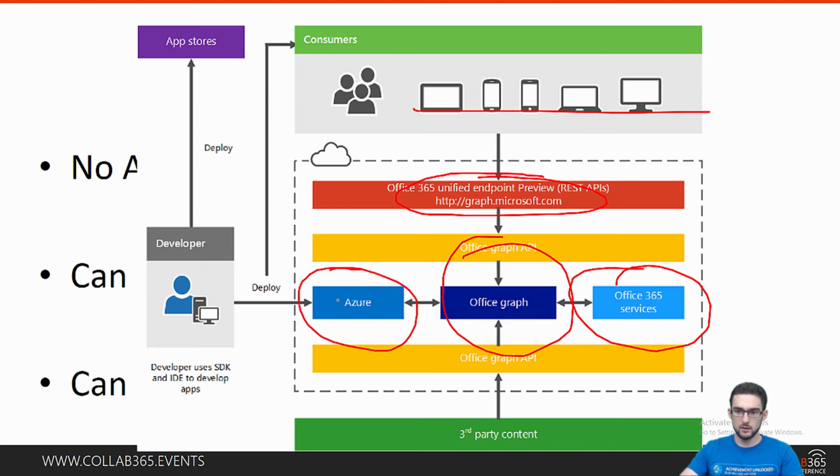And we also have the Azure endpoints in order to allow applications to use the graph, but also to have information about the user's identity. What we don't have currently is the third-party API for third-party vendors to be able to push new content, new kinds of nodes and edges directly to the graph.